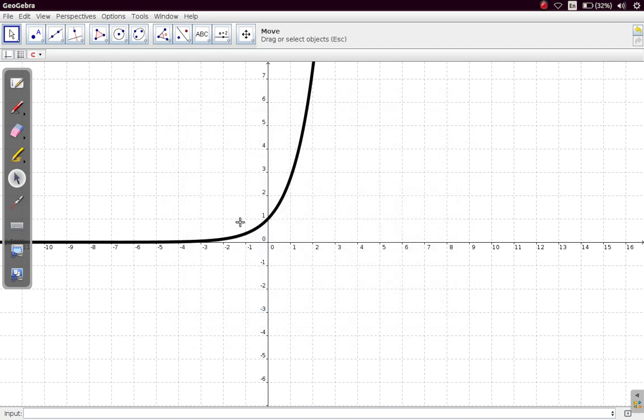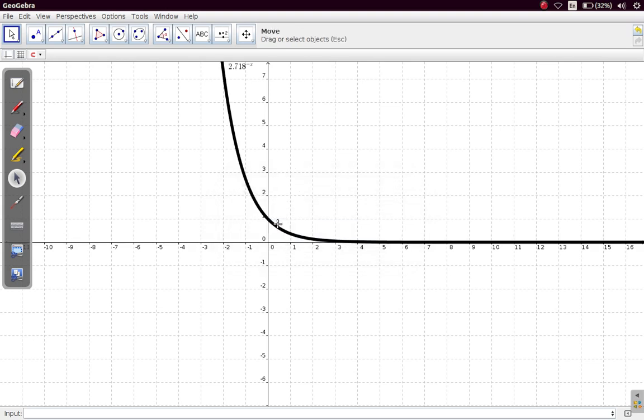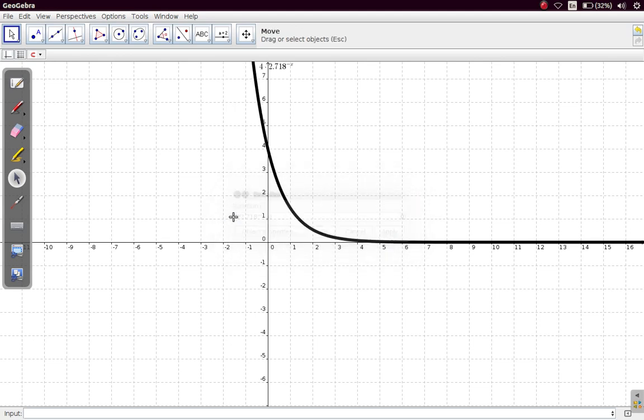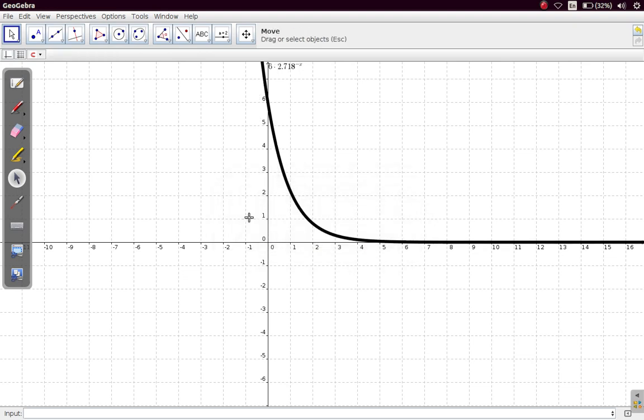And I have y equals x. Let me adjust it to y equals a number times e to the negative x. And what you have is a decay, alright? Like cooling. It could be y equal 4 times e to the negative x, or 6 times e to the negative x, whatever number times e to the negative x.